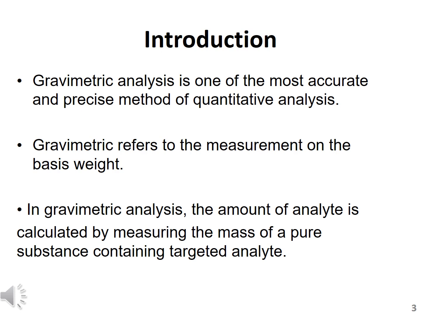There are four main types of methods of this analysis: precipitation, volatilization, electroanalytical, and thermogravimetric analysis. So in gravimetric analysis, the amount of analyte is calculated by measuring the mass of a pure substance containing the targeted analyte.